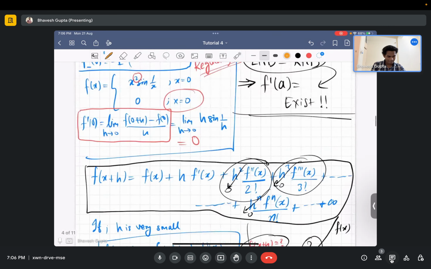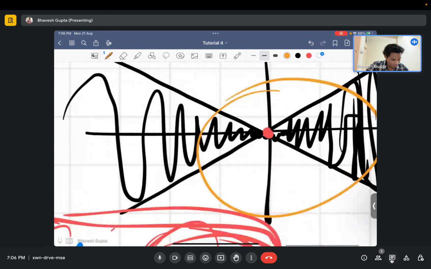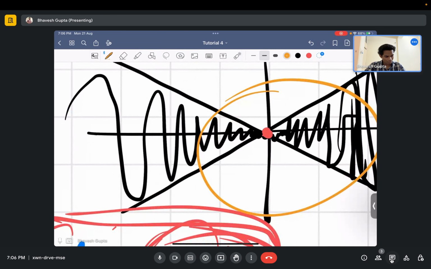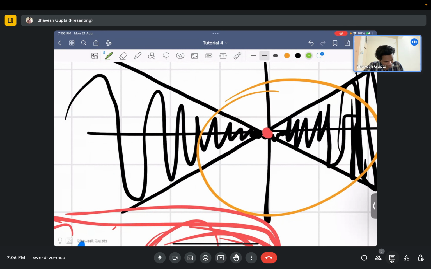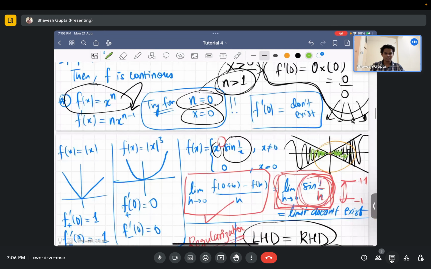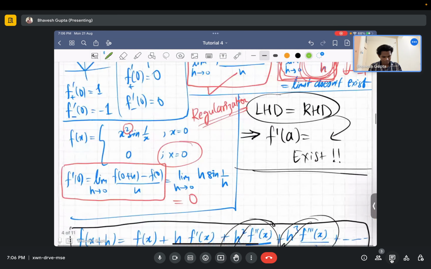You can see from here that it's a very fast oscillating term. So in the limiting sense, very near to the center it turns out to be a flat line. It may be oscillating very tightly over here, but at the center it turns out to be a flat horizontal line. So that's what this particular thing is trying to tell you.